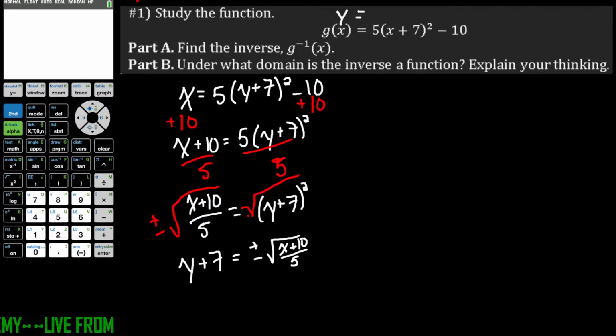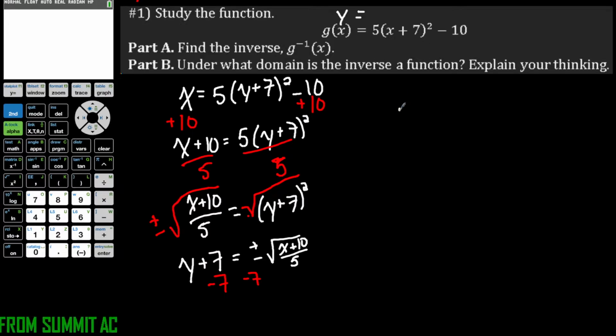Last step, subtract 7 from both sides. Let's not write across the entire thing. There we go. So let's do minus 7 to both sides. Make sure it is separate from your radical symbol. So your function should be this.